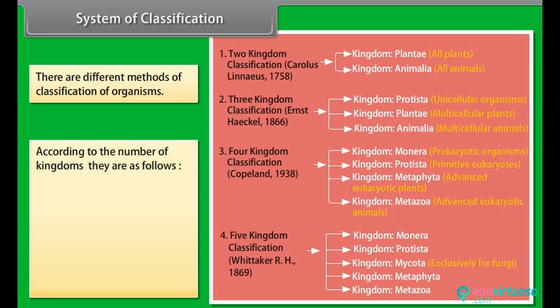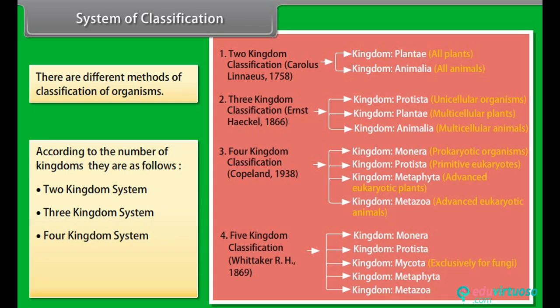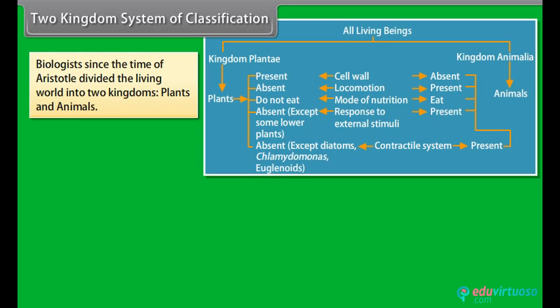According to the number of kingdoms, they are as follows: two-kingdom system, three-kingdom system, four-kingdom system, five-kingdom system, six-kingdom system. Two-kingdom system of classification. Biologists since the time of Aristotle divided the living world into two kingdoms, plants and animals.